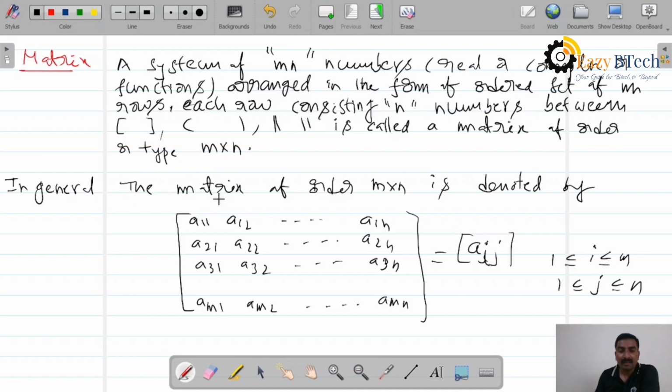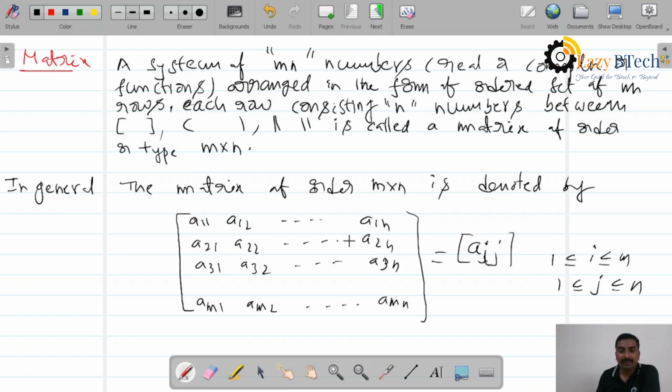In general, the matrix of order m by n is denoted by A11. A11 denotes first row, first column. A12 denotes first row, second column. Similarly, A1n denotes first row, nth column.